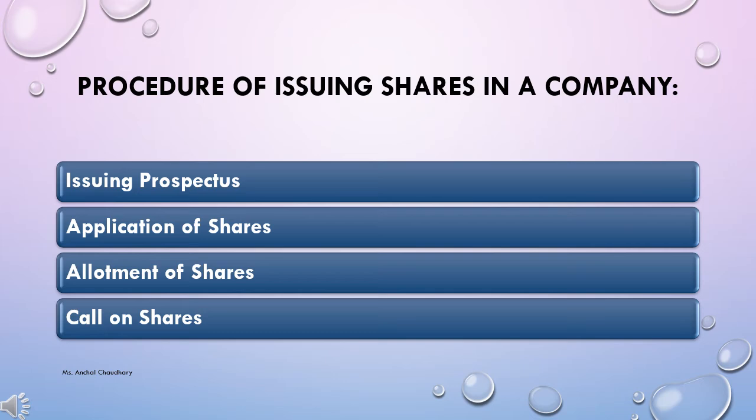Whenever the organization issues a prospectus, each and every detail is mentioned for the smooth functioning of the process of issuing shares. So in call on shares, the remaining amount of the shares is being collected.